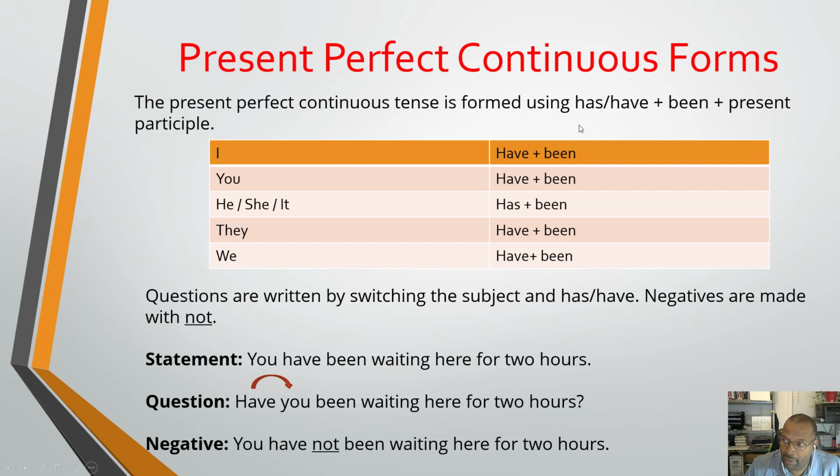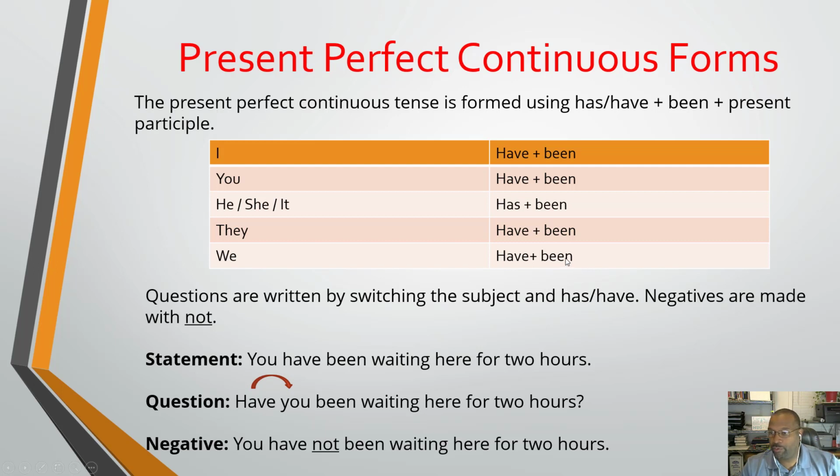All right, using has or have been. Whether you use has or have depends on who you're talking about. All right, I have been, you have been, he, she, it has been, they have been, we have been.